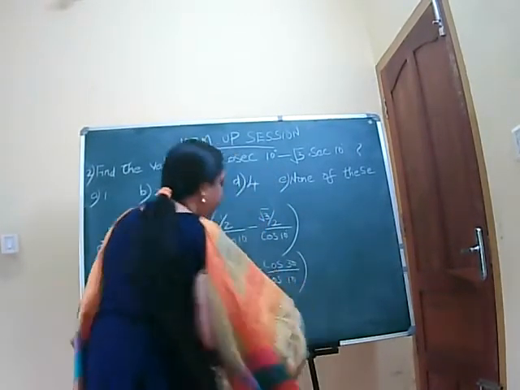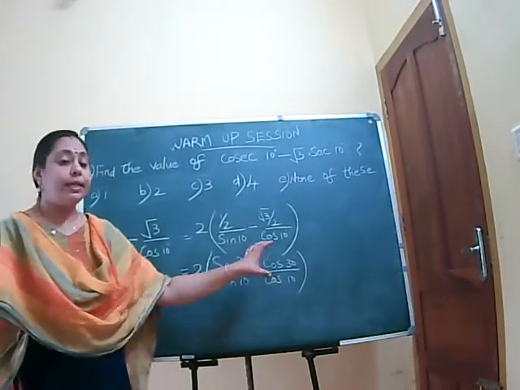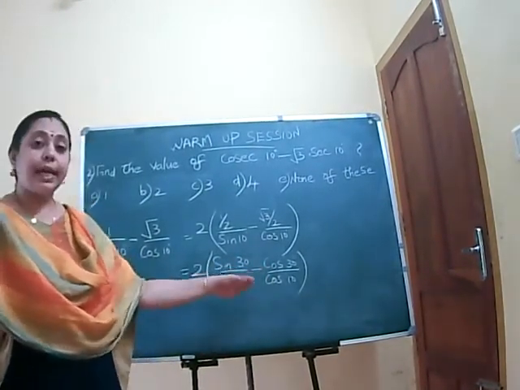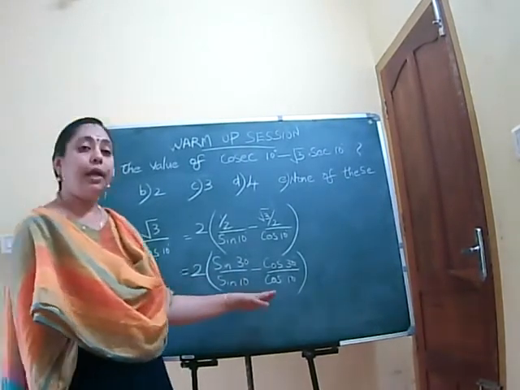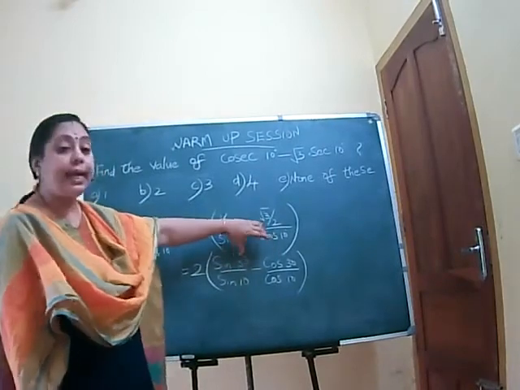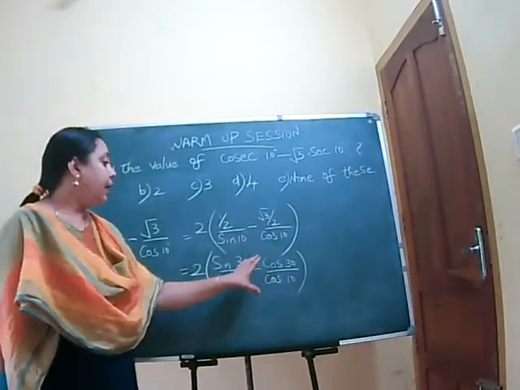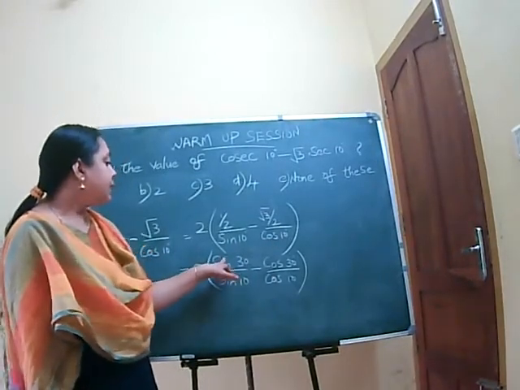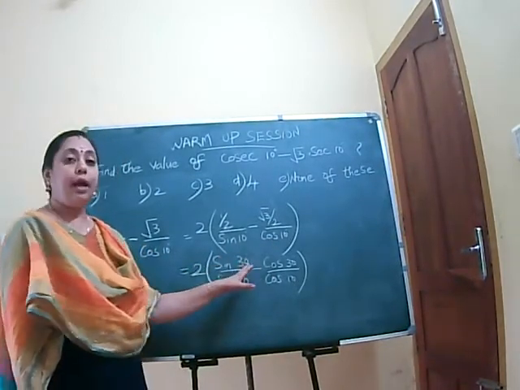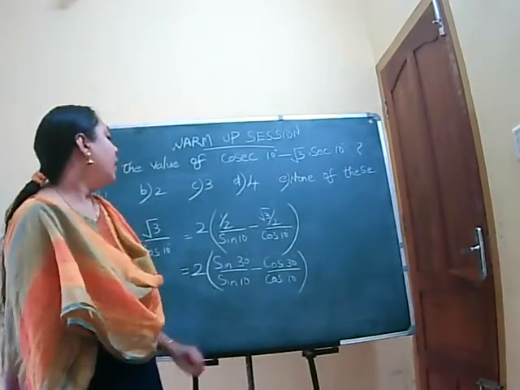Now to simplify this expression, just take the LCM and simplify. The numerator becomes sin A minus B, that is, on simplification, sin 30 cos 10 minus cos 30 sin 10.